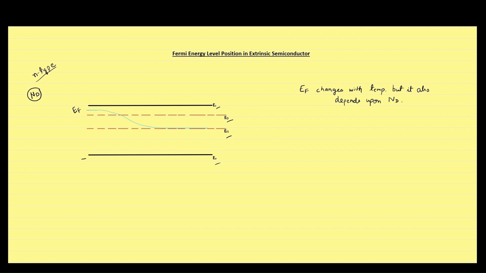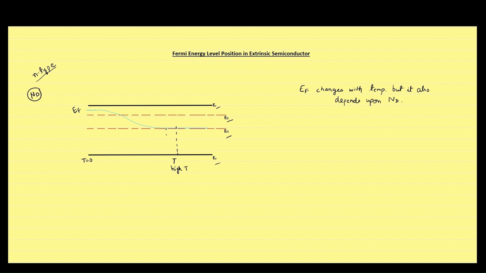At T equal to 0 Kelvin, you can see that Fermi energy level lies halfway between conduction band and donor energy level. Whereas as the temperature is increased, it falls down, and at very high temperature it finally comes very close to intrinsic semiconductor Fermi energy level.